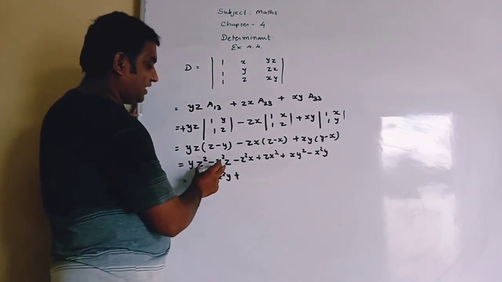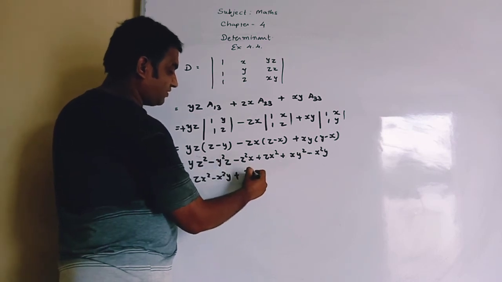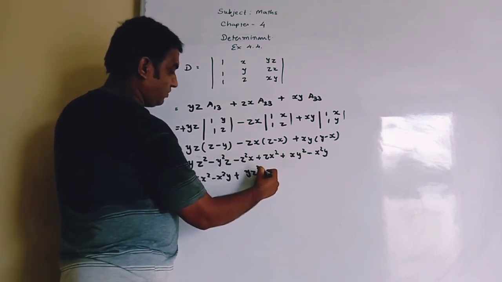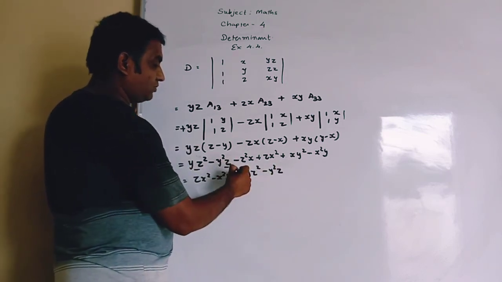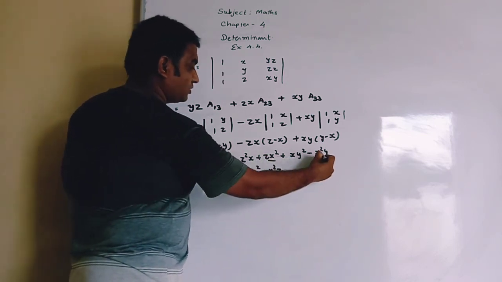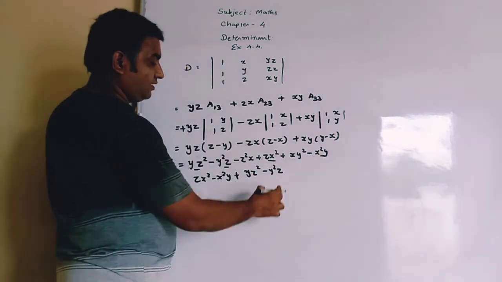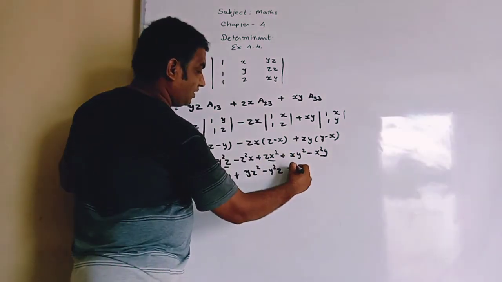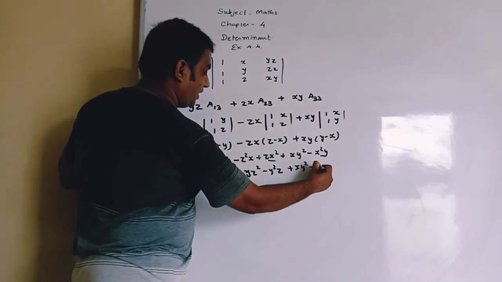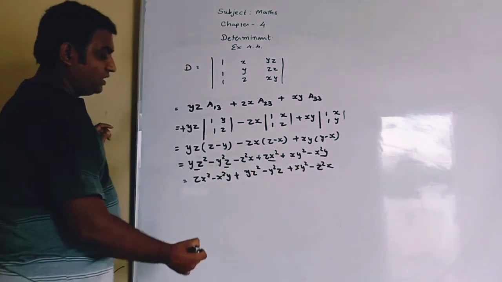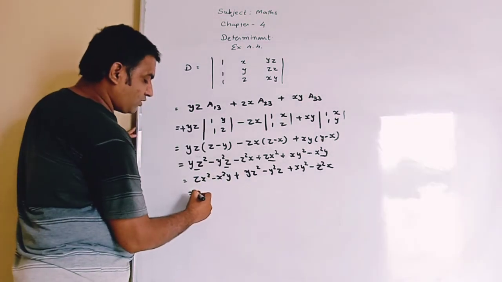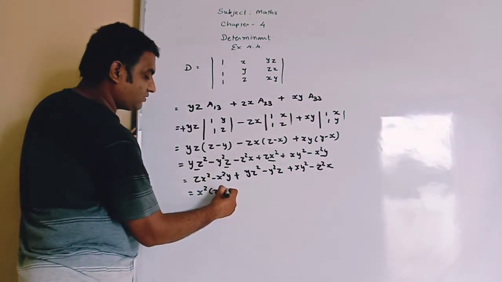Here we arrange so that z minus y is common: yz squared minus y squared z, these two terms come together, and xy squared minus z squared x. From the first two terms x squared is common, so z minus y.